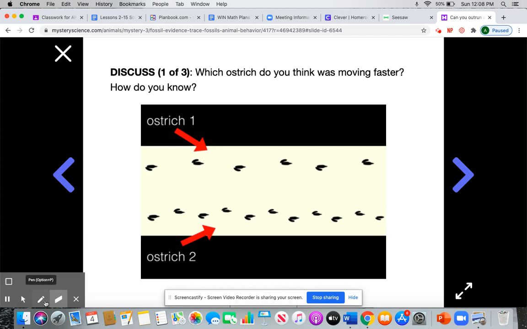So that's how we knew that in this picture, ostrich 1 was moving faster because there were 6 steps for ostrich 1 and there were 11 for ostrich 2. And they went the same distance. So we can tell that ostrich 1 was moving faster. All right, let's check out what we have next.